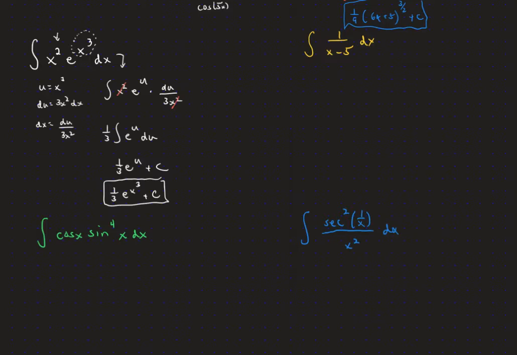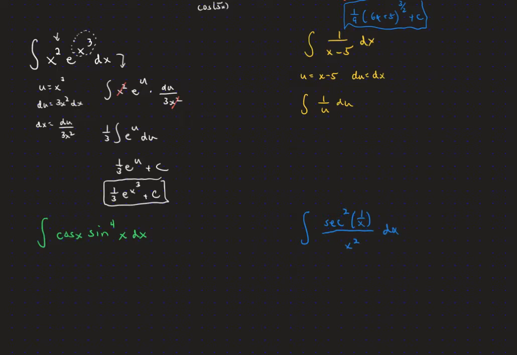Okay, on the next one, a lot of times with fractions, it's a good practice to try to say u is the denominator. That is going to make du be, in this case, just 1 times dx, which is dx. So du is just dx. So we get 1 over u, and the du is replaced by dx.